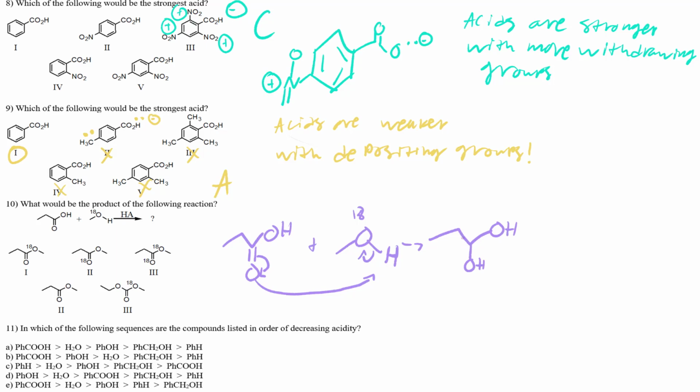Right, so now we have a diol, but notice that this diol is going to be positive. So this carbon right here, the center carbon, is going to be technically positive, right? And now my oxygen, my alkoxide, is going to be attracted to him. Okay, so now we have this.